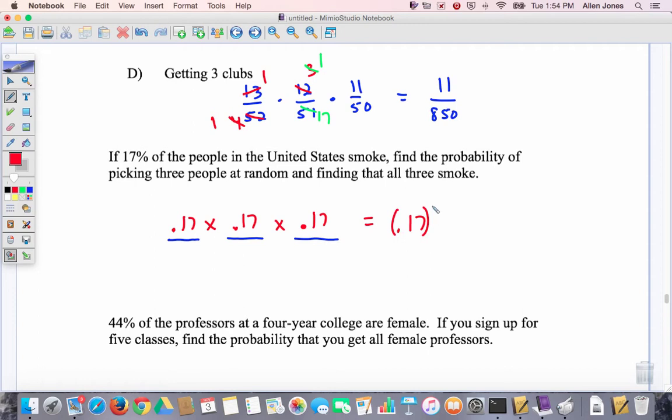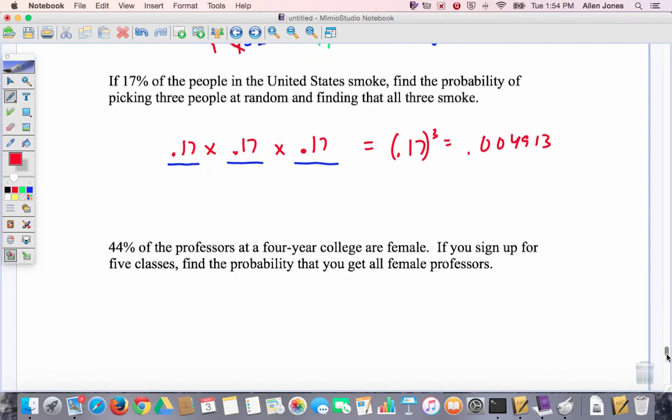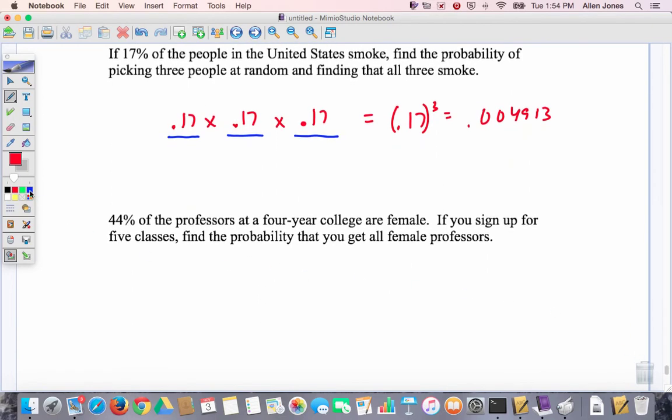Once again, those percentages from one individual to the next don't change. That's the same thing as 0.17 to the third power, and that winds up being 0.004913. Okay, so basically the bottom line here is our percentages do not change from one event to the next, which should make the next problem a little bit easier.